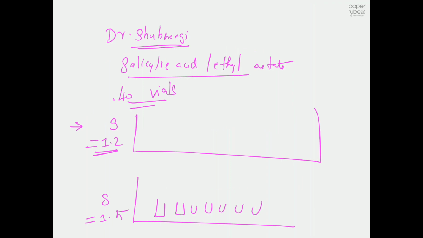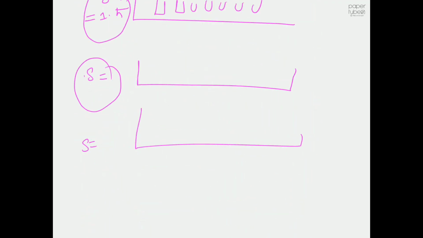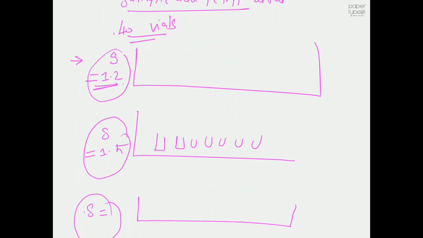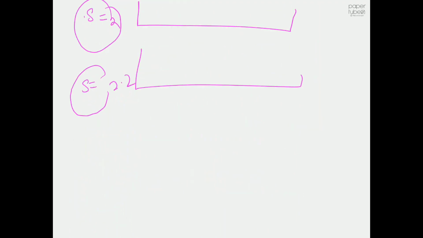So if you want to study the effect of initial supersaturation, say 1.2, 1.5, say 2, 2.2, which means we have to perform 1, 2, 3, 4, 4 multiplied by 40 vials. So we have to perform that many experiments, 40 vials in each experiment.